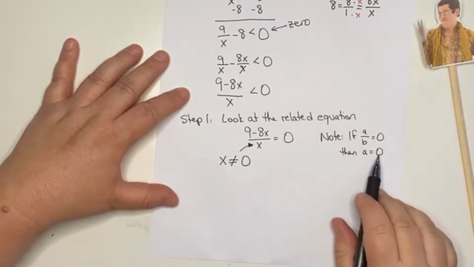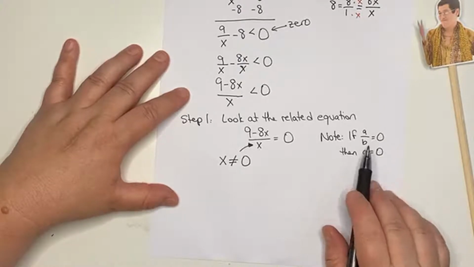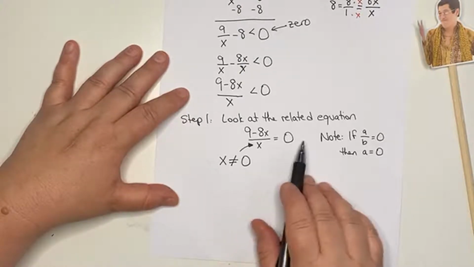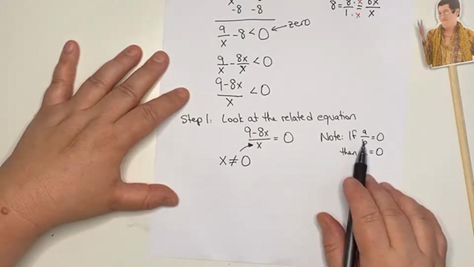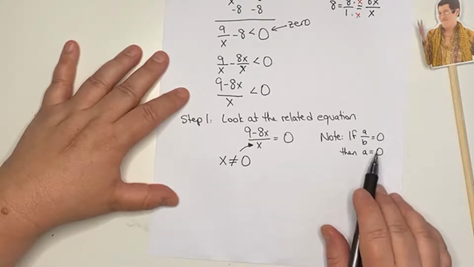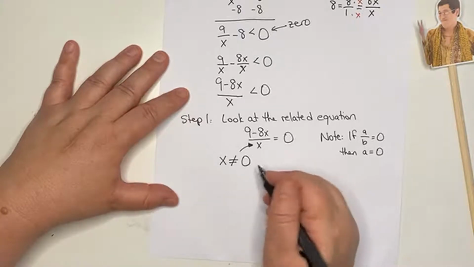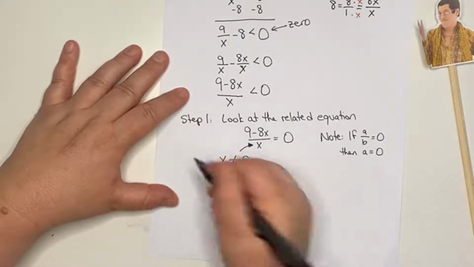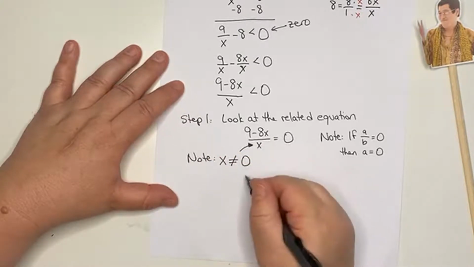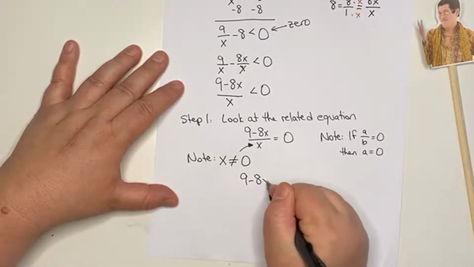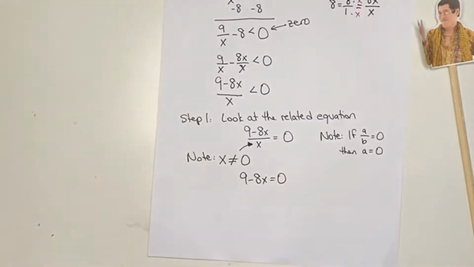The numerator has to equal 0. There's nothing you can do to the denominator to make a fraction equal 0. So the rule is, if you got a fraction equal to 0, you got to make sure a equals 0. So we make this note. I got notes all over the place here. And then also I say 9 minus 8x equals 0.